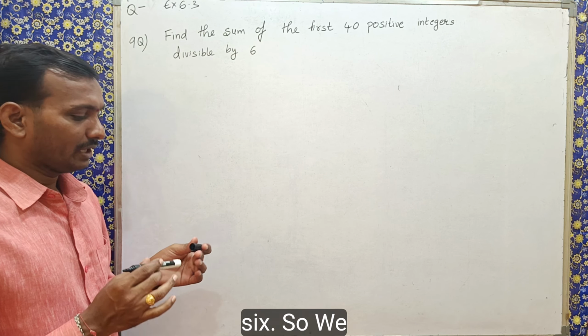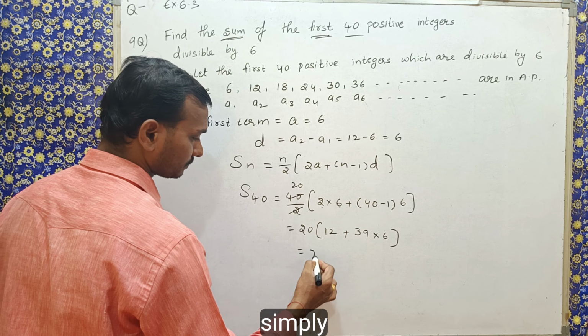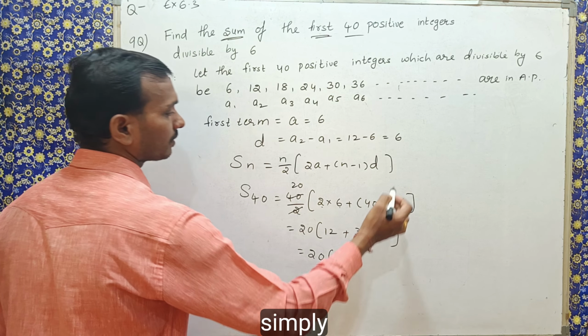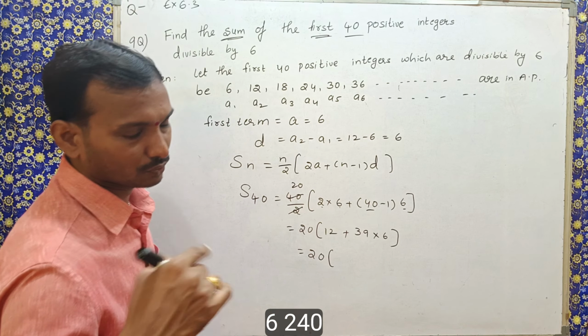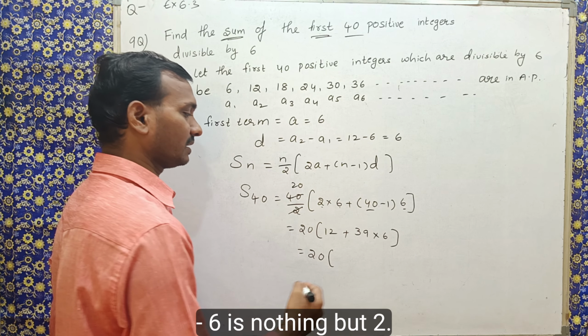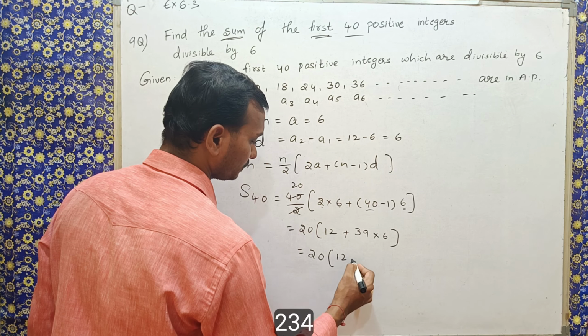So it is 20 times 2 times 6, that is 12, plus 40 minus 1, which is 39, into 6. So 240 minus 6, that is nothing but 234.